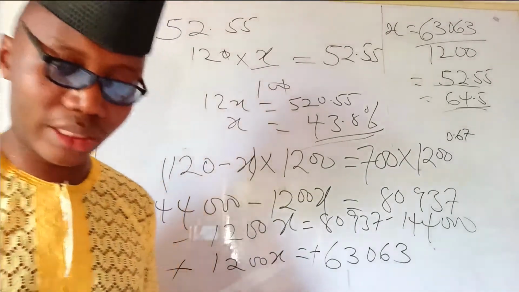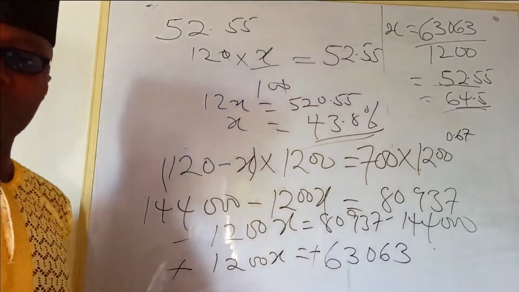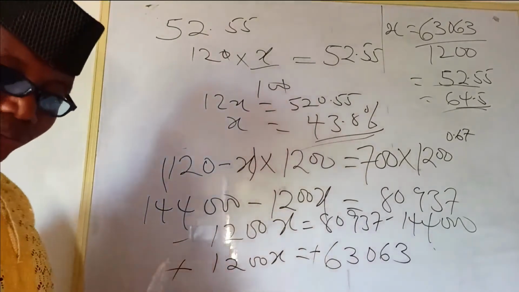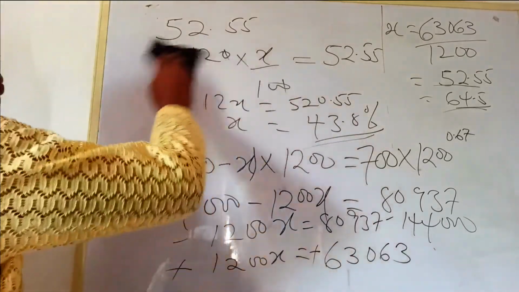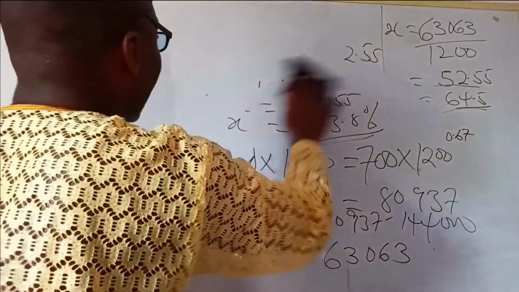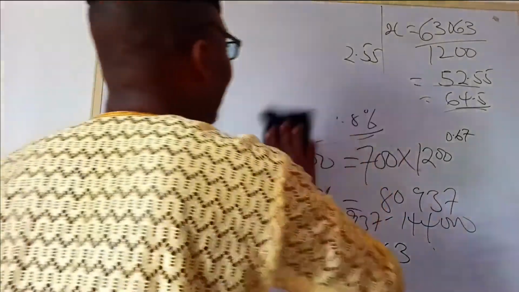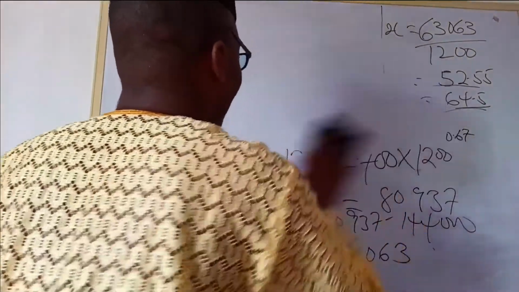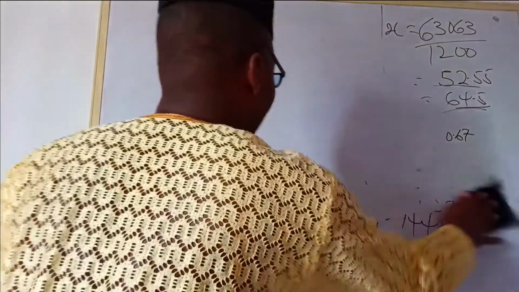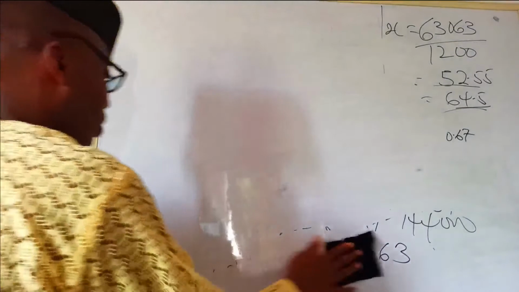Now, this question is trying to test your understanding of the law of variable proportion. I will not go fully into that now because of the length of the video. I don't want this to go too long. It's getting too long now. We're just solving one question.